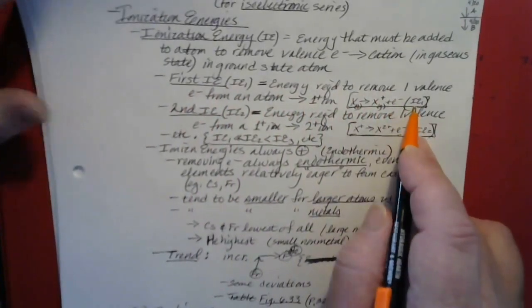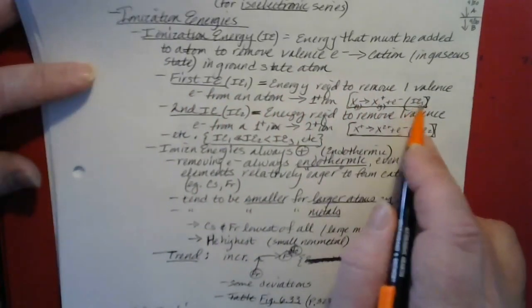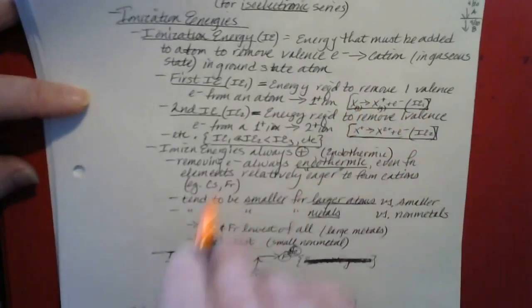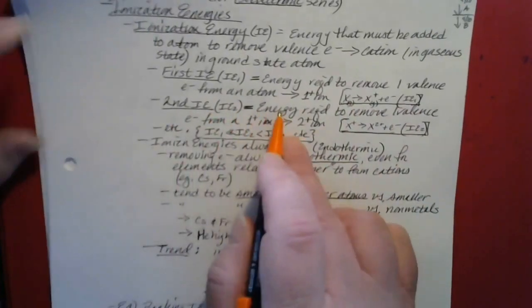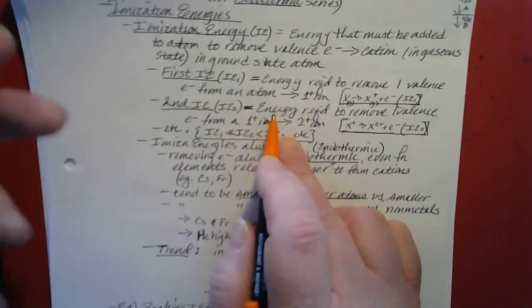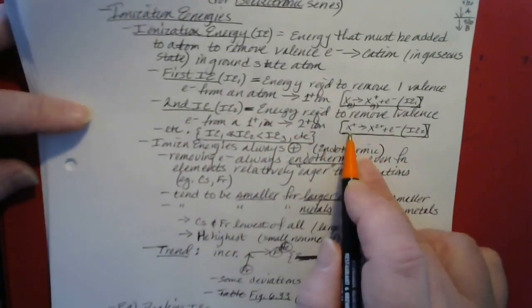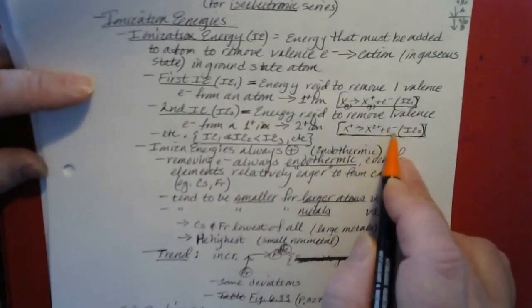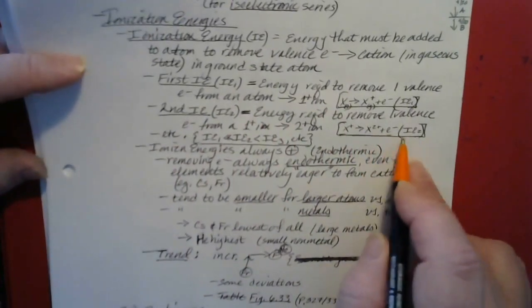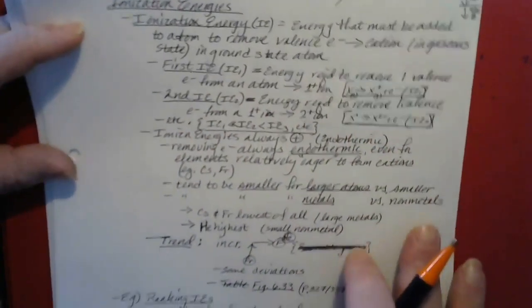The delta H, or the energy for this reaction, would be the first ionization energy for element X. There's also the second ionization energy, which means removing an electron from a +1 ion to form a +2 ion. In this case, for element X, it would be X+ yields X2+ plus another electron. The delta H for that reaction would be the second ionization energy.